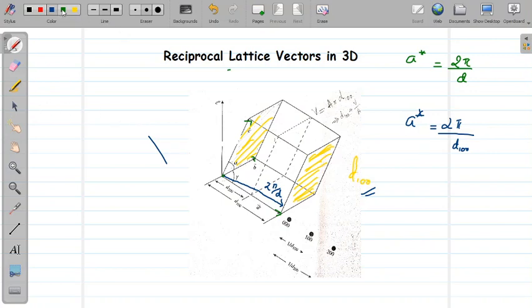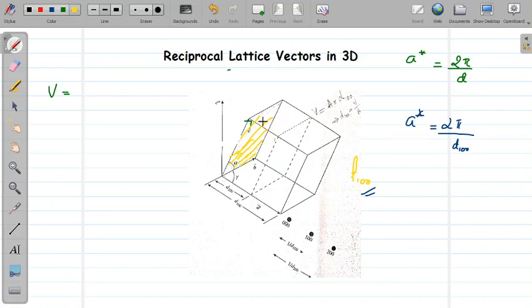So from the mathematics of vectors, you know that the volume of this unit cell is given by V equal to the area of one of these planes. Suppose let us choose the shaded plane as the considered plane.